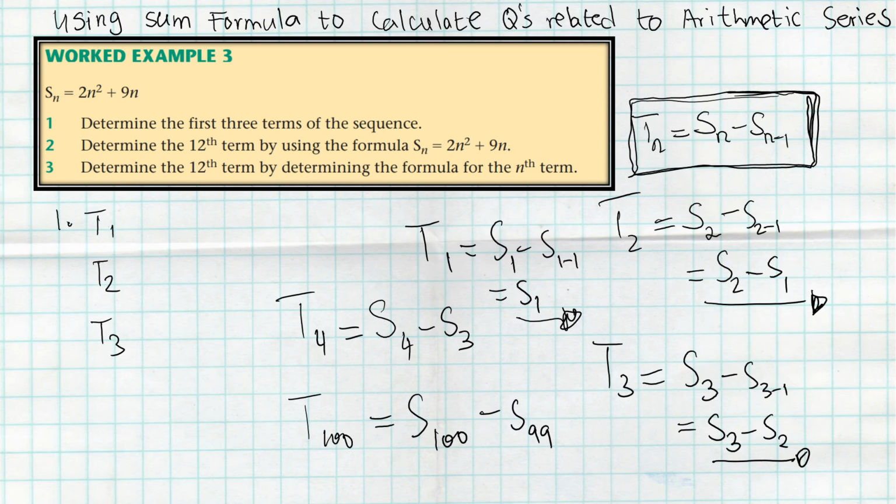Okay, so now the first question says determine the first 3 terms of the sequence. They need term 1, term 2, term 3. We know that term number 1 is the same as S1.